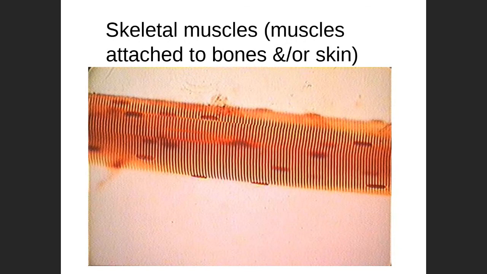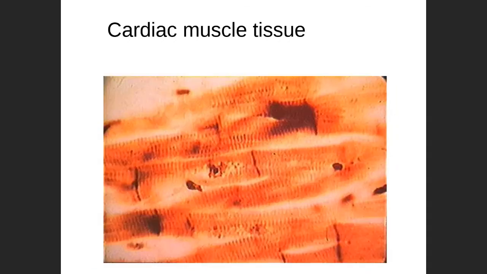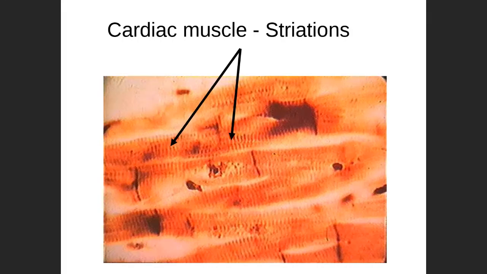The second type of muscle tissue is cardiac muscle tissue. It's similar to skeletal muscle tissue because it also has striations, and these striations again have to do with the proteins that are involved with the contraction. Cardiac muscle tissue is a branched muscle tissue, which means, I describe it to folks as a Y laying on its side.